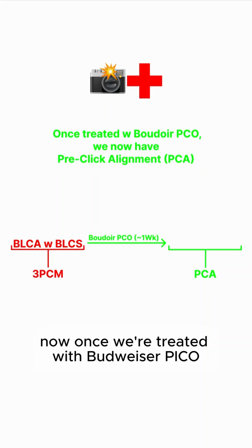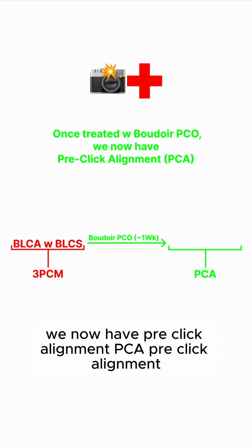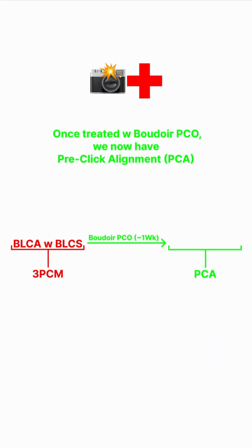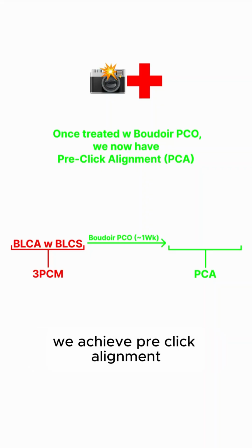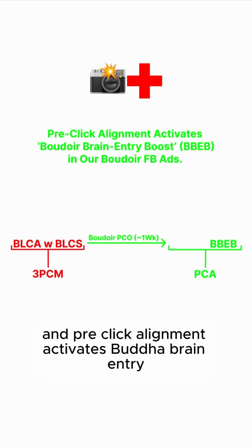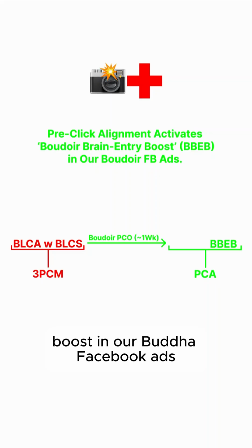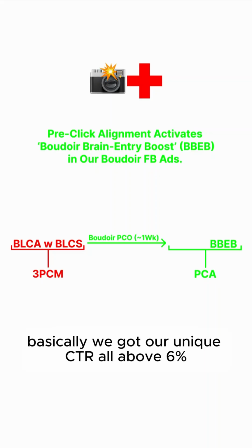Now, once treated with boudoir Pico, we now have pre-click alignment, PCA. So we got rid of the 3 pre-click mistakes. We achieve pre-click alignment, and pre-click alignment activates boudoir brain entry boost in our boudoir Facebook ads. Basically, we got our unique CTR all above 6%.